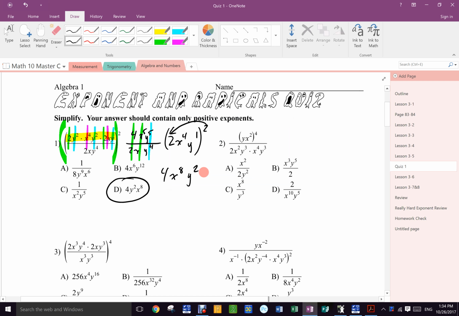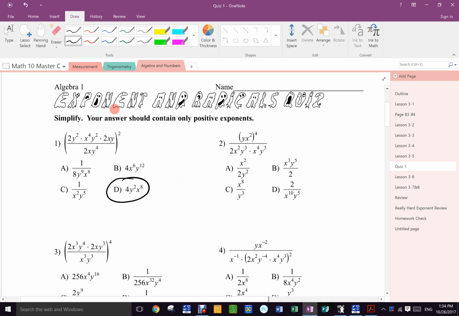Now, once again, I say to you, this, hideously ugly. This, 2x to the 4th y squared, easy or difficult? It looks difficult, but in reality it's easy.